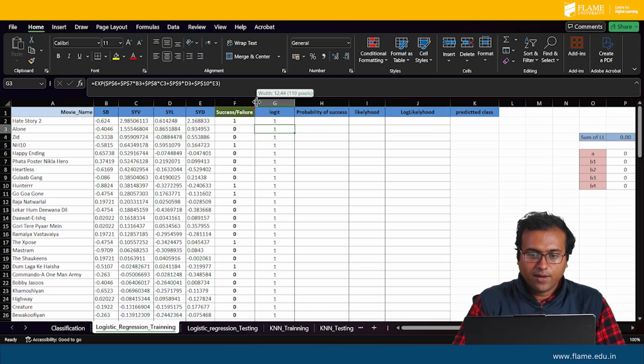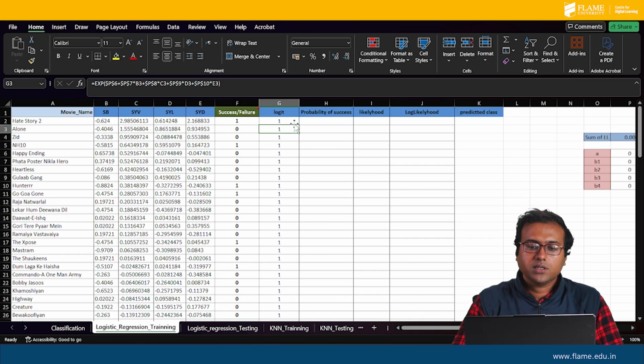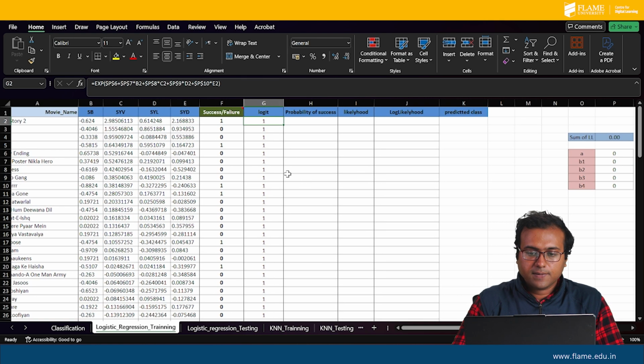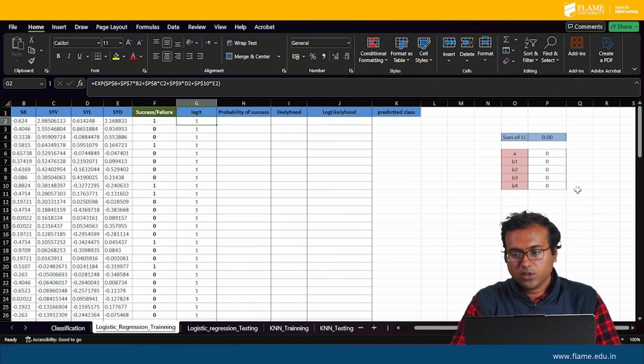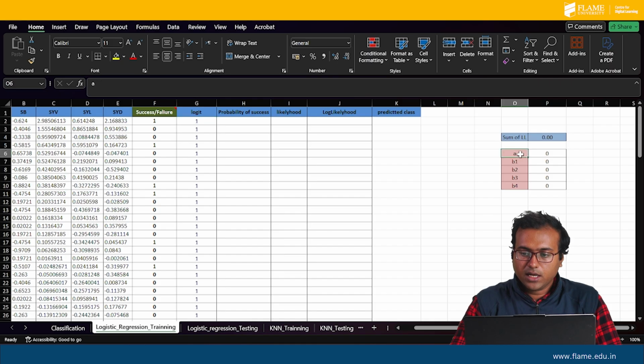Now we have to calculate the probability of success. So how we can find this probability of success? Now before that, this approach is similar to your regression approach only, where we initially defined all the coefficient values or intercept values. Let's say here I have defined a, b1, b2, b3, and b4. Then I have initiated or considered the initial value as 0. Why?